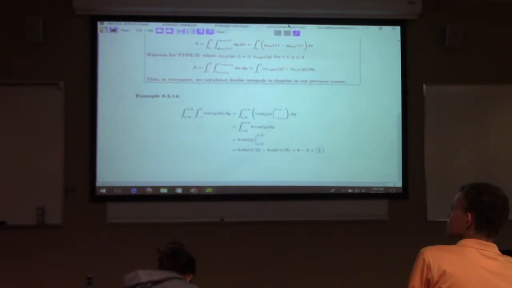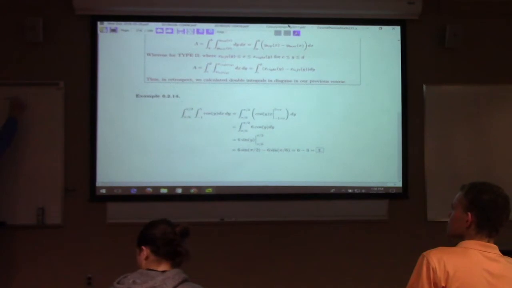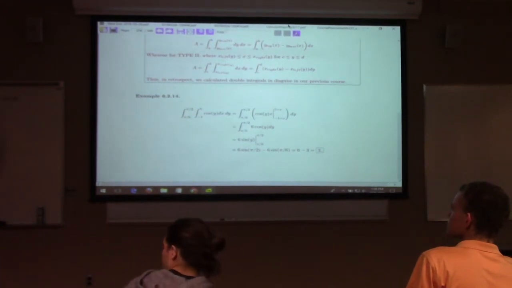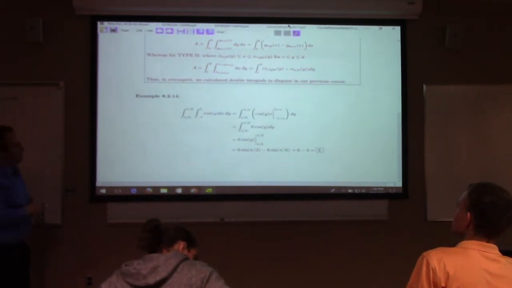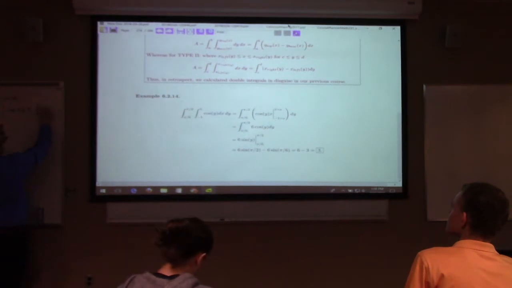This would be something like the integral over some region R of f dA, where f of x,y, like you guys just told me, is cosine of y. How about R? R is equal to what? It's (x,y) such that -1 ≤ x ≤ 5, and pi/6 ≤ y ≤ pi/2, right?